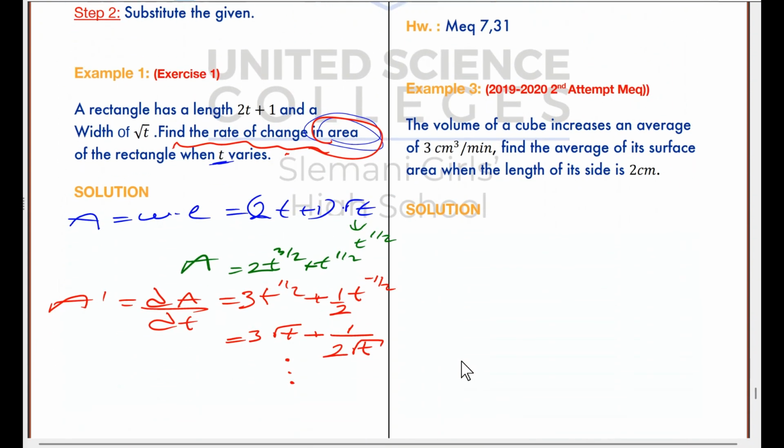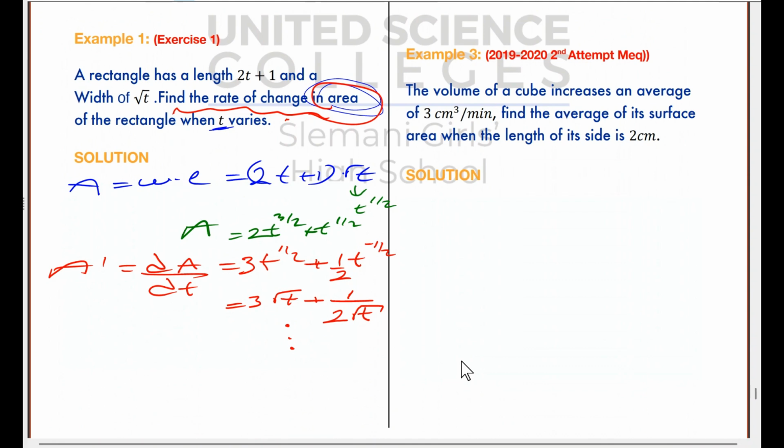Okay, another question, a mystery question. The volume of a cube. Now, the formula that we need to remember is the volume of a cube formula. If one side is x, the volume is x cubed, if you remember.